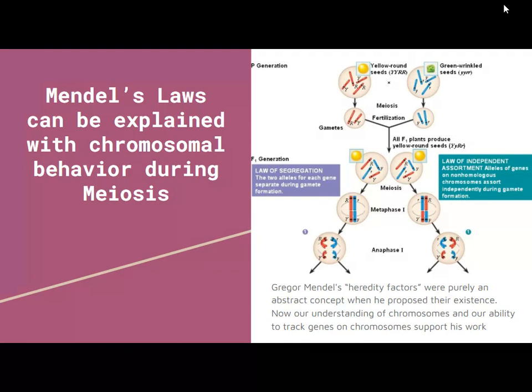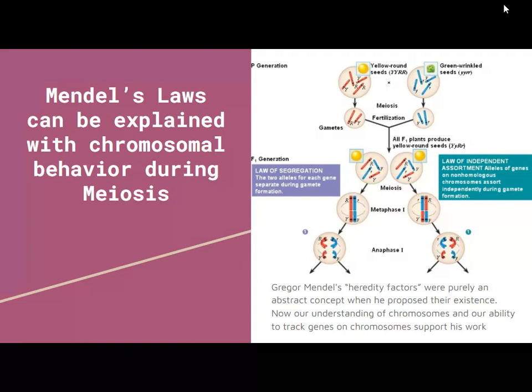So Mendel had two laws, the law of segregation and the law of independent assortment. Both of those laws are the way that they are because of the way chromosomes move during meiosis. In the law of segregation, the two alleles for each gene separate during gamete formation.